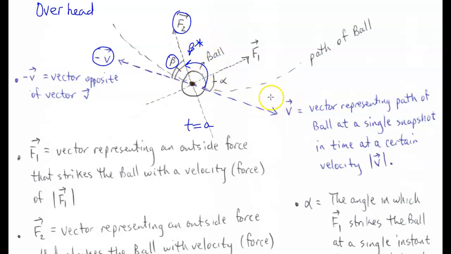The more traditional way to do it is the way with beta star, but I tried to write it in a way where it would make more intuitive sense. So that's why I made the angle beta sort of like a reference angle.